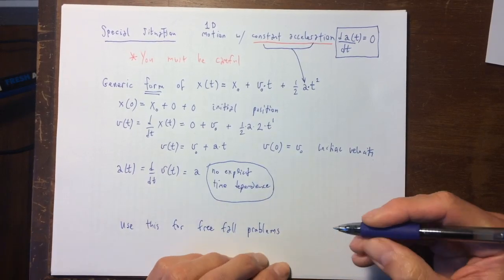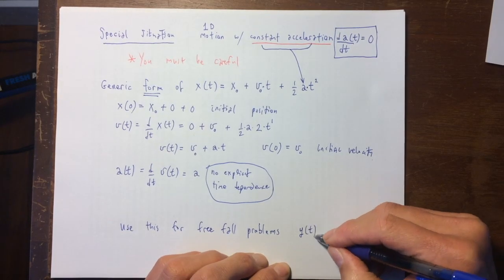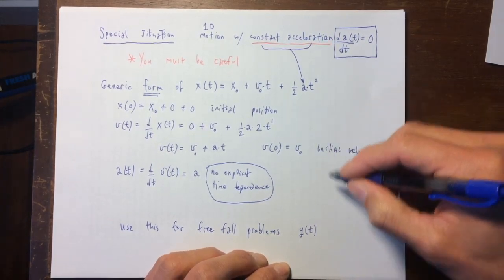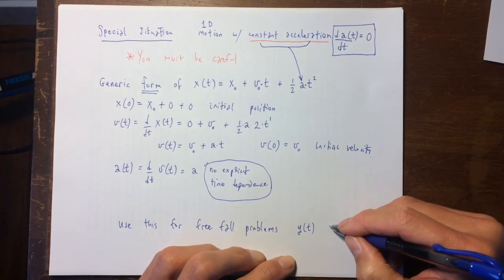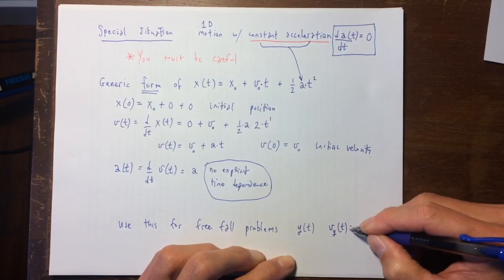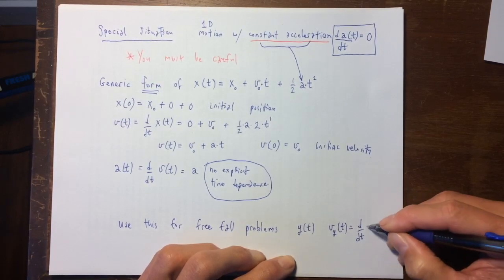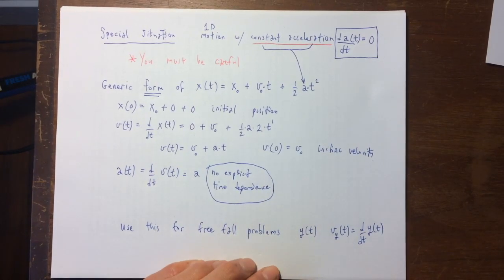And the idea is, instead of x of t, you might be doing y of t. Y tends to be like an up-down coordinate system axis. And then you can have the velocity in the y direction as a function of time is the time derivative of the position in the y direction as a function of time.